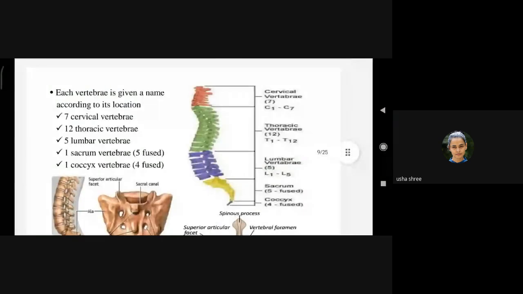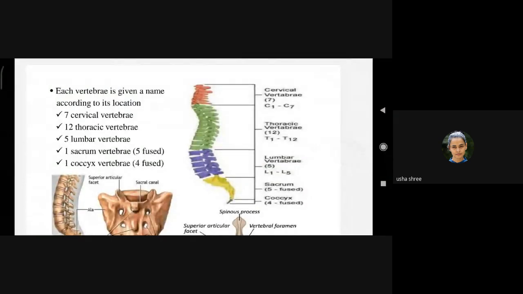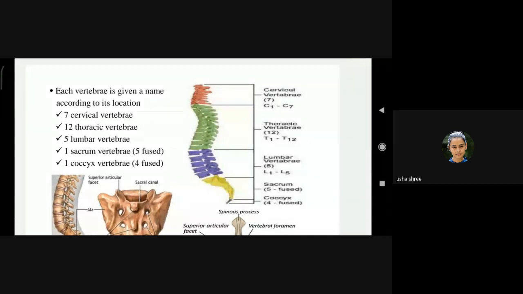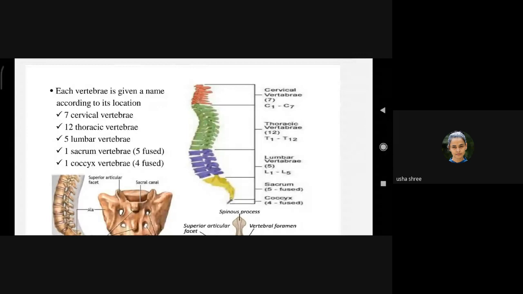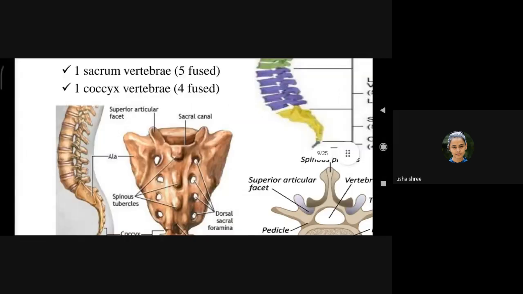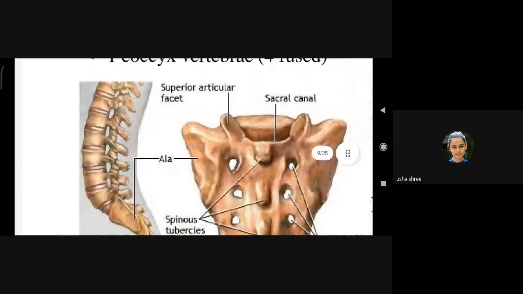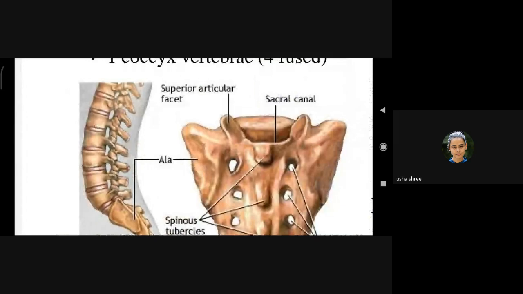So you can see here how our vertebral column is divided according to location. And each vertebra is separated by an intervertebral disc. You can see here between each vertebra a cushion-like round-shaped structure is present, that is the intervertebral disc.